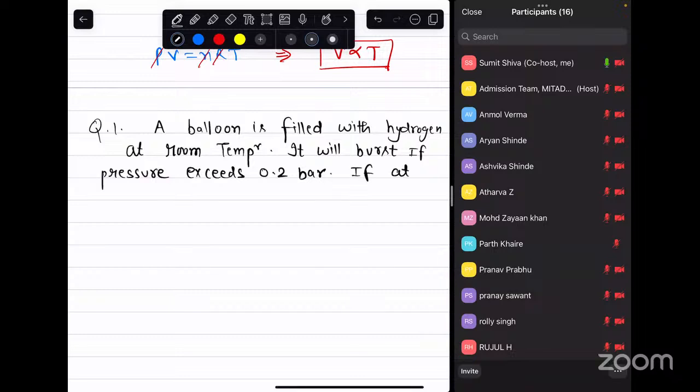If at 1 bar the gas occupies 2.27 liter, up to what volume can the balloon be expanded?